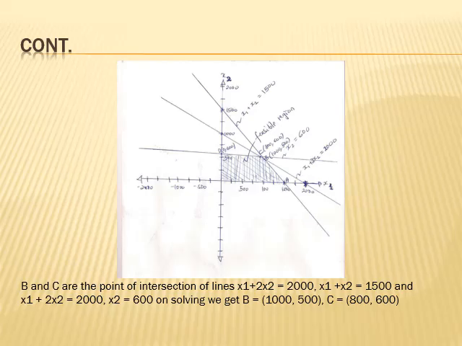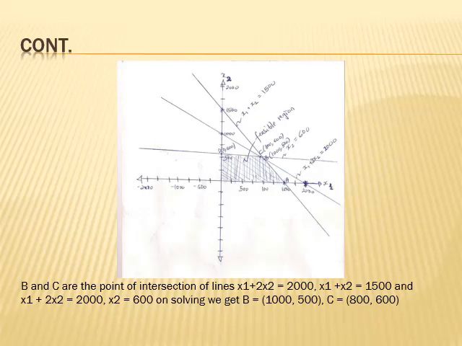So now after plotting the various equations on the graph, we found the border points A, B, C, D. A is where x2 equals 0 on the first line, so A is (2000, 0).